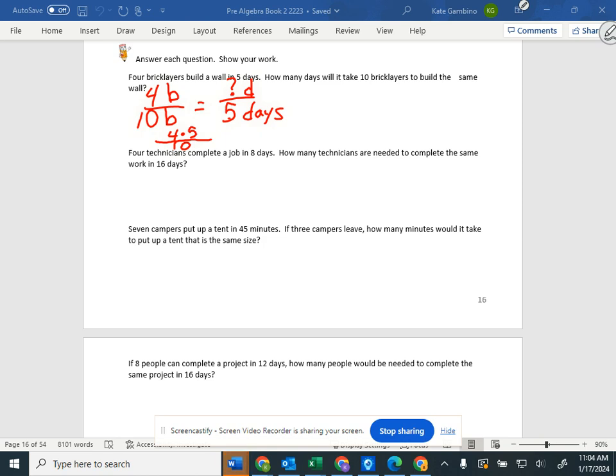So what is 4 times 5? 20. Divided by our 10 bricklayers. How many days is it going to take us? 2 days. So I want to see your ratios set up. And I want to see the work that we're doing.